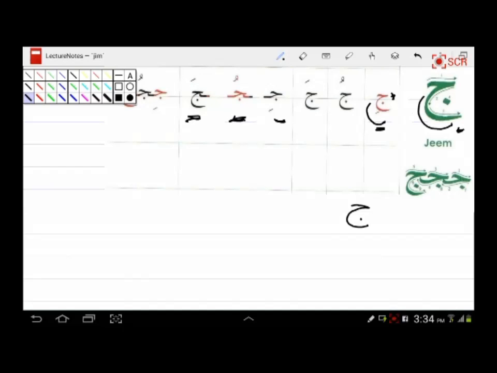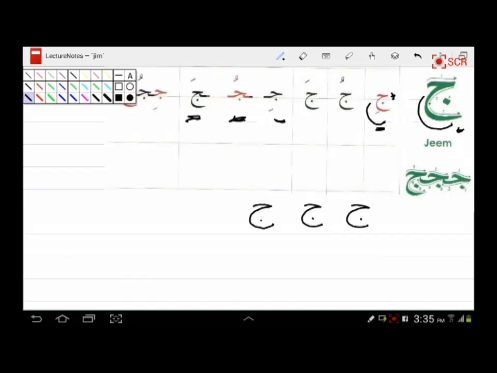One more time: eyebrow, and then a big C, or a trail, and then a dot. It's better to take it in two steps, but don't lift up your pen between these two steps.